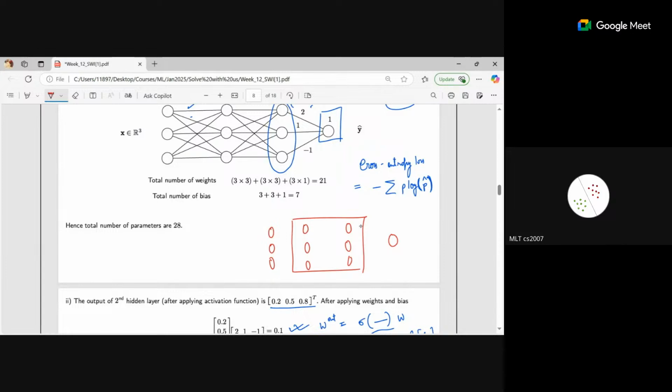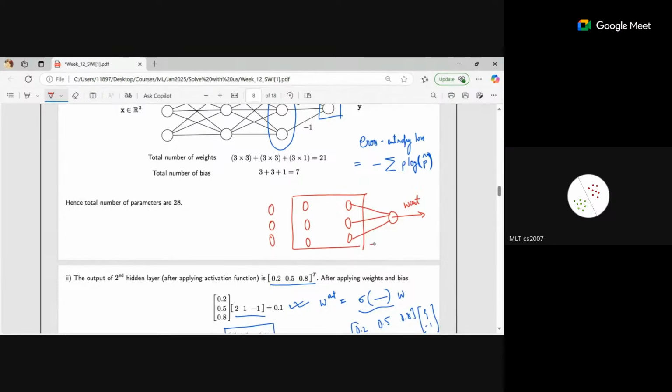So all that is okay, and at the end we got something, and from here we'll get W out, right? So this W out was given by sigma of, even inside, whatever value you got after applying the activation function, you had to take its dot product with the weights of these.